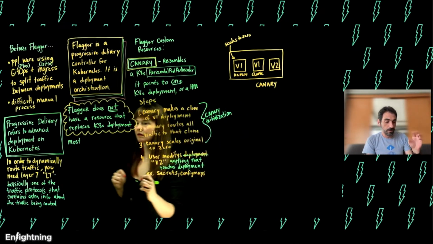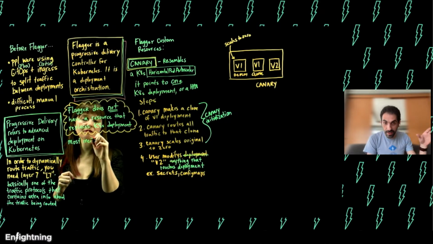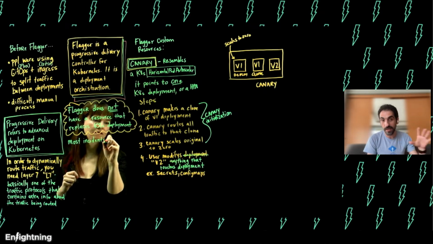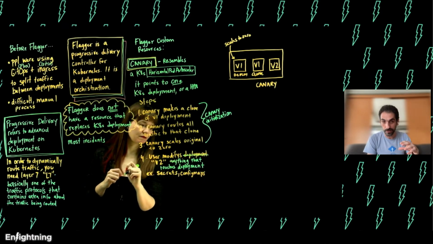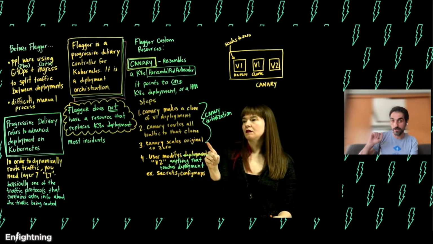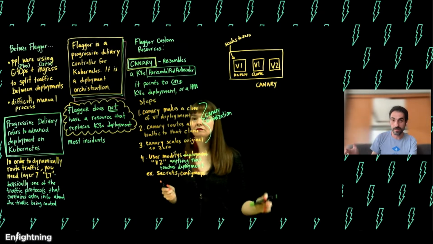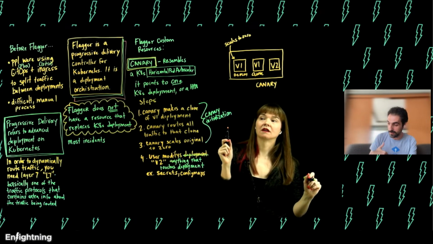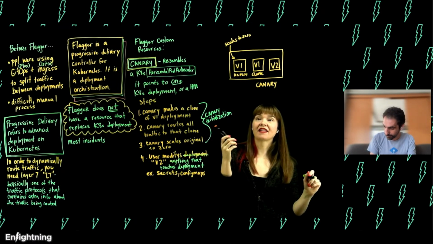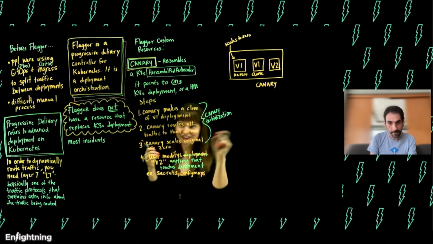So Flagger also creates a duplicate of everything that makes up your app configuration. So it's not only the deployment which is cloned, it's also any config maps, any secrets, all these objects that are referenced and mounted inside the deployment. And that's part of the initialization step. There we go.